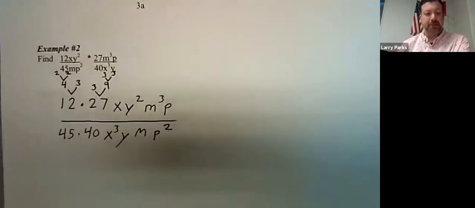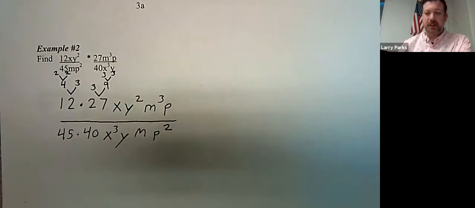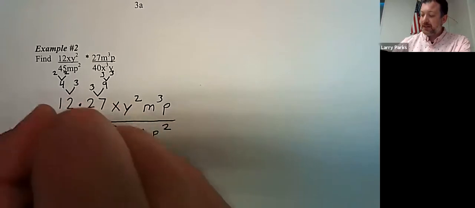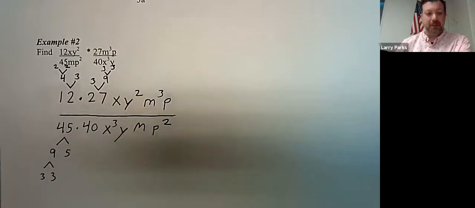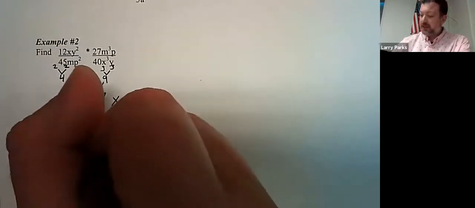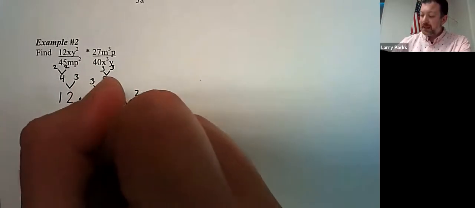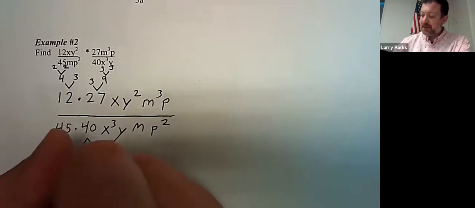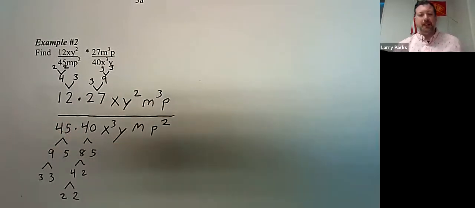This one is 3 times 9, and then 3 times 3. You don't have to do it this way, but this is just one way. Now this is 9 times 5, 3 times 3. 40 is 8 times 5, 4 times 2, 2 times 2. And all it does is it helps you find common factors.